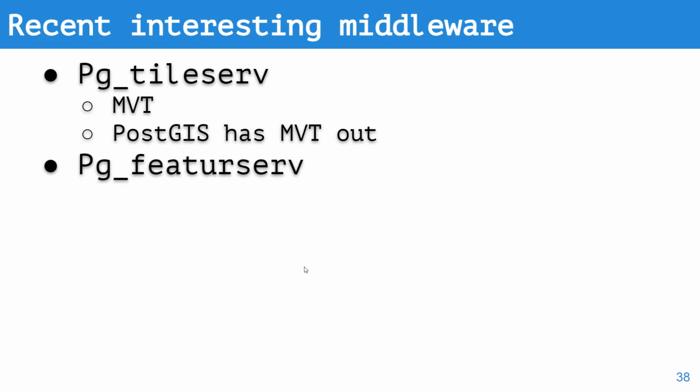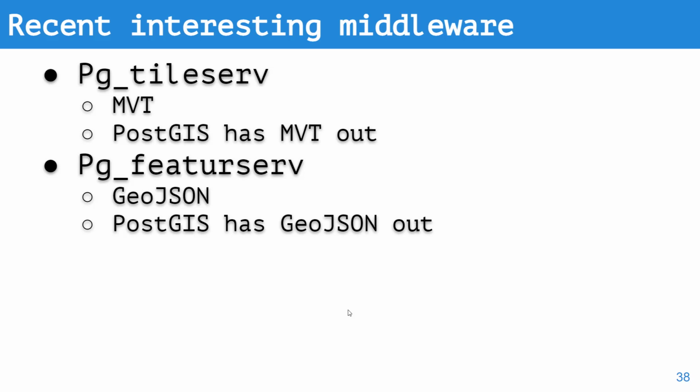And PG FeatureServe spits out GeoJSON, right? So not real-world coordinates, GeoJSON. But again, what's the magic? PostGIS has a GeoJSON out, but the problem is we don't have database libraries built into browsers. Browsers don't know how to directly connect to Oracle or Microsoft SQL Server, MySQL, or, I guess, Postgres in this case.